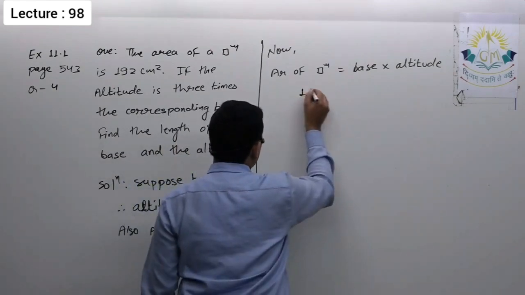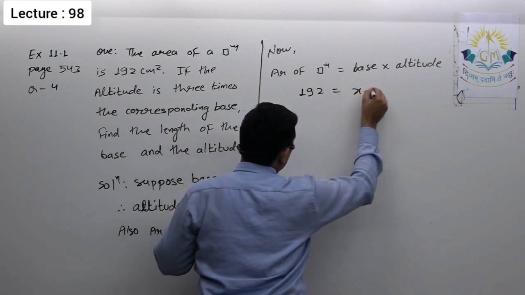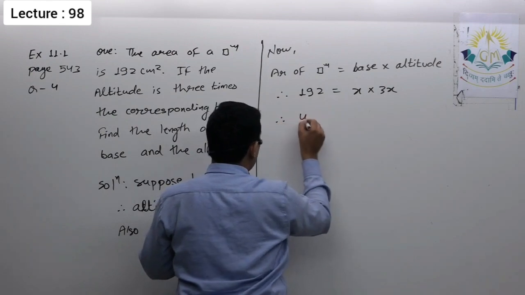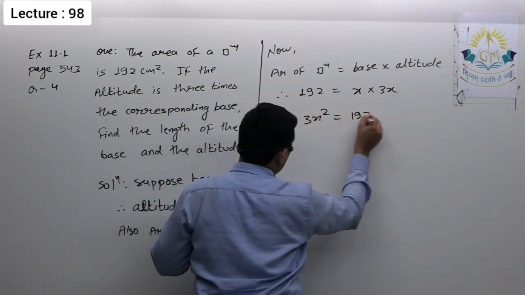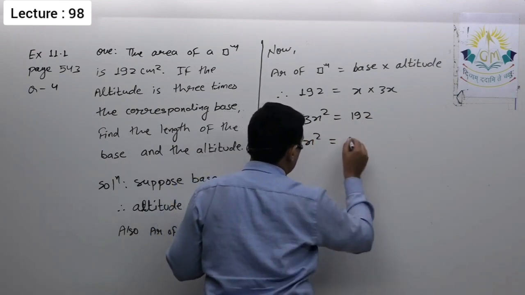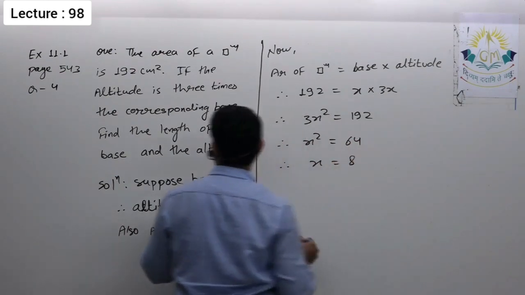Now 192 is equal to base x times altitude 3x. So 3x square is equal to 192, so x square is equal to 64. So x is equal to 8.